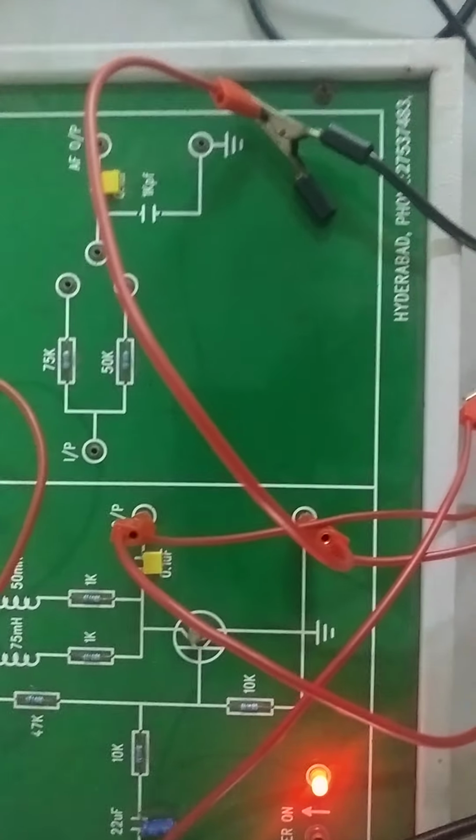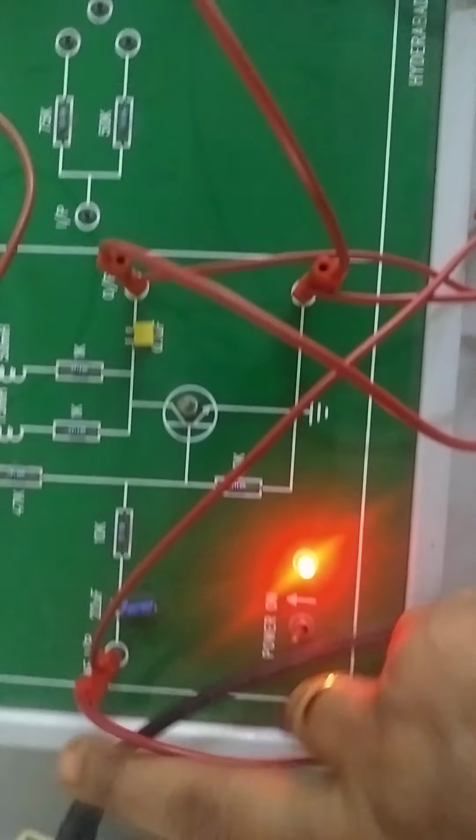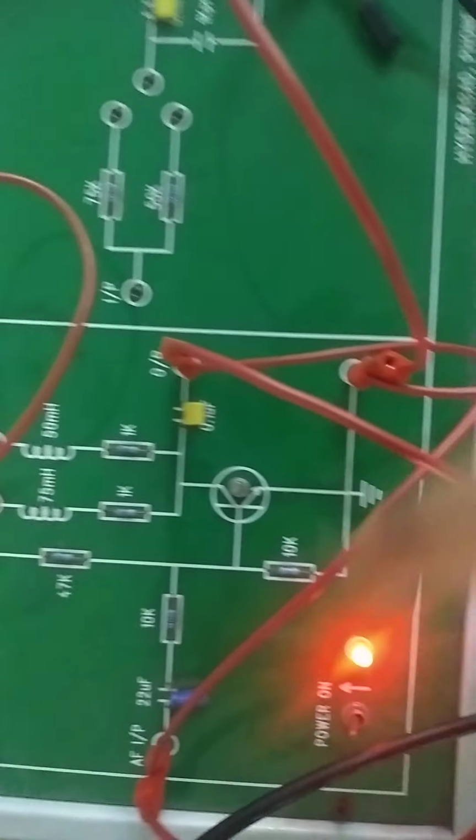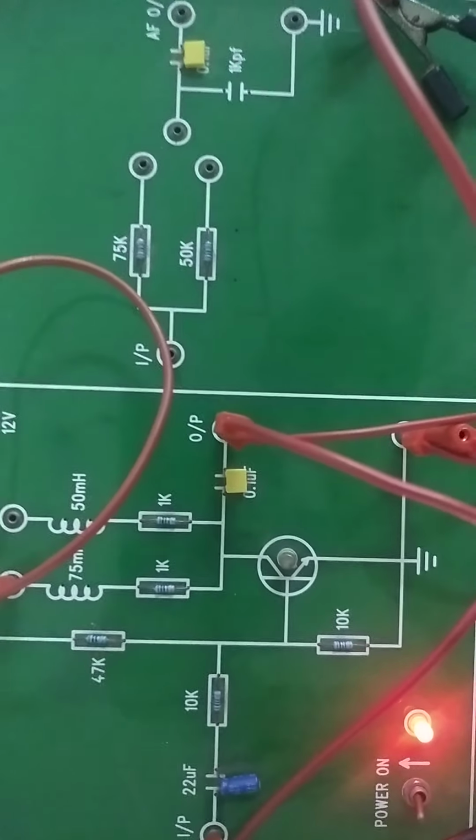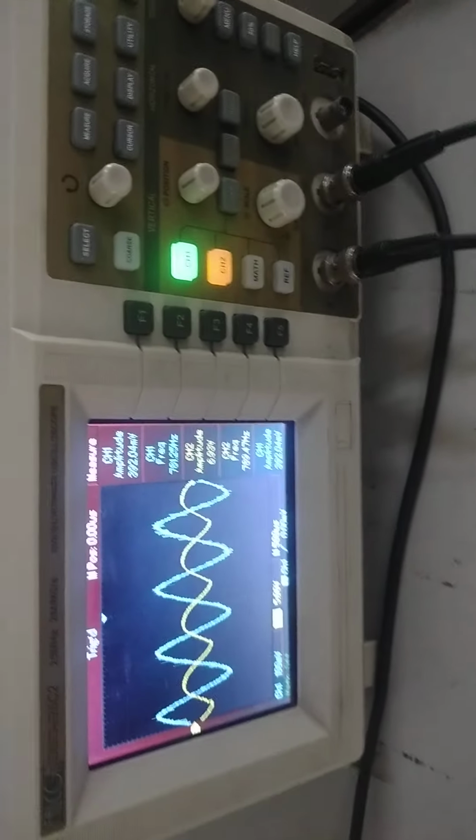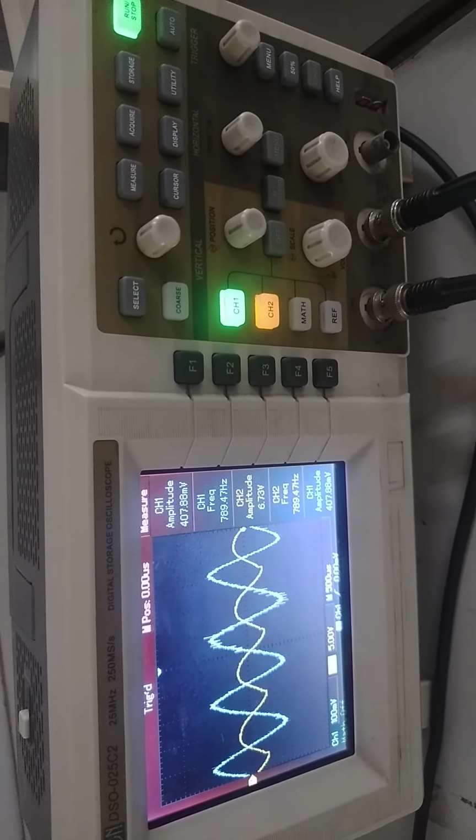For pre-emphasis, connect the AF signal from the function generator to a 75 microsecond network. Now observe the AF signal in a DSO, digital oscilloscope.